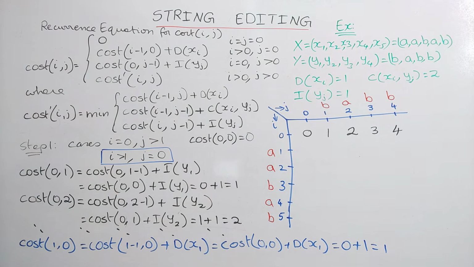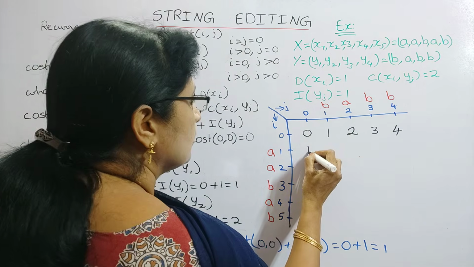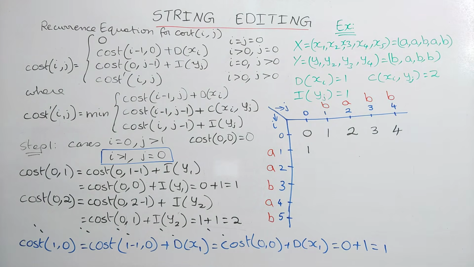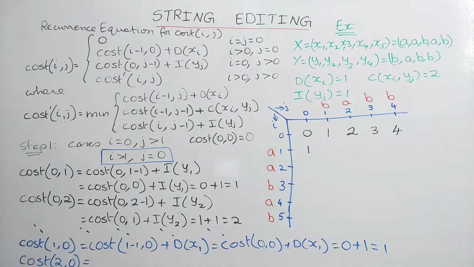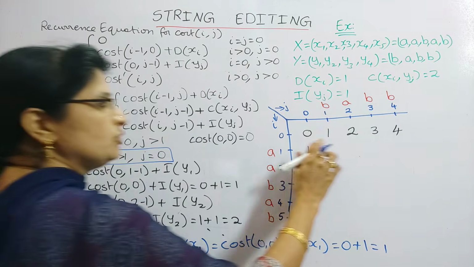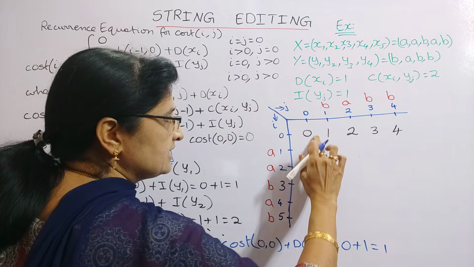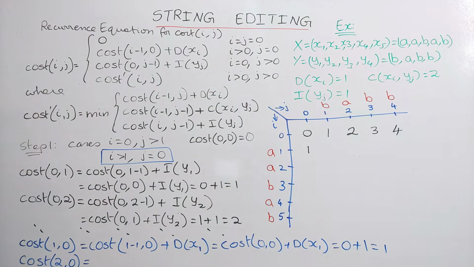So now what is the cost of 1, 0? Cost of 1, 0 is, you got it as 1. And next you have to similarly compute cost of 2, 0. That is, this total column must be computed next. So first you have to compute this row and then this 0th column. First 0th row and next 0th column.